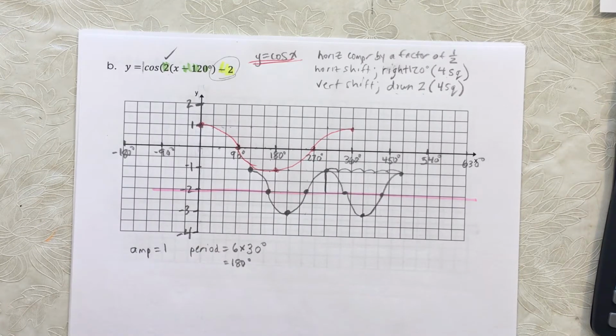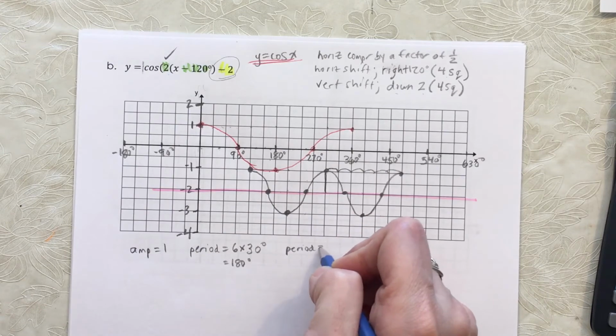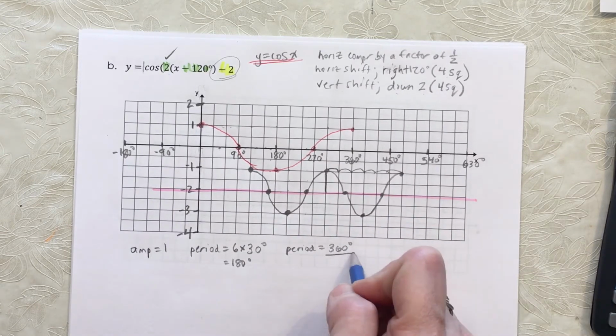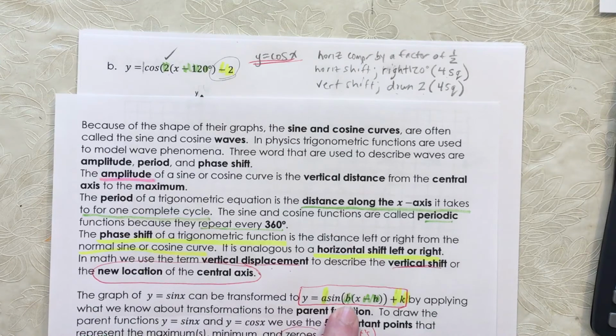Okay, but I also told you that there was a way to tell from the equation what the period was, and that's using a special formula that the period is equal to 360 degrees, which is the regular period, divided by the B value. And what's the B value?